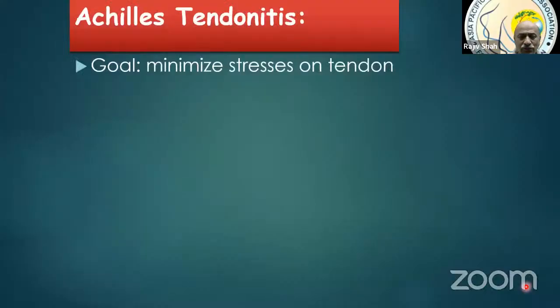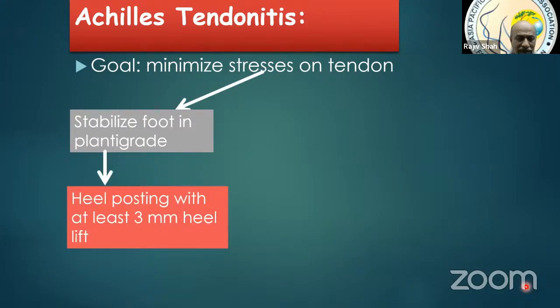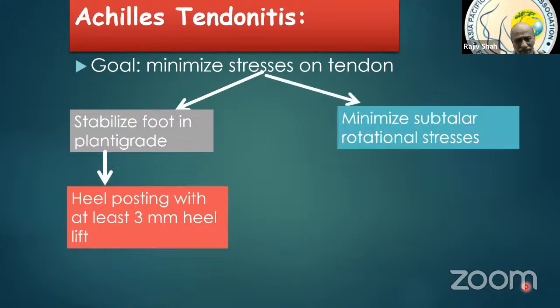Achilles tendon issues: your goal is to minimize stresses on the tendon. So you want to stabilize the foot into a plantigrade position. So heel posting with at least a 3 mm heel lift is what you advocate.